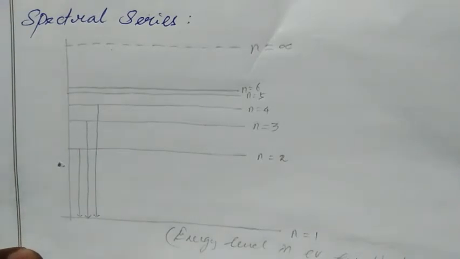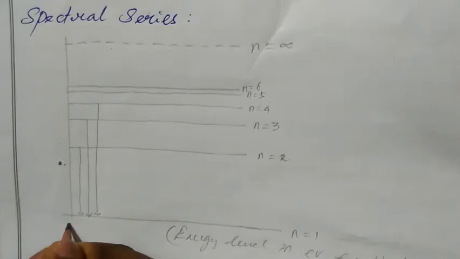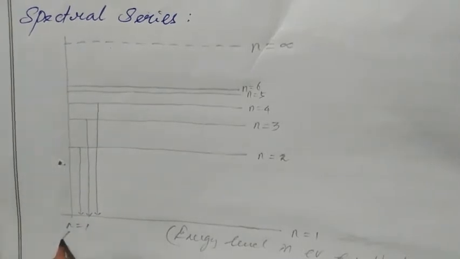Due to these kinds of transitions, when the electron returns to the first orbital, it emits radiation with a particular wavelength, which produces a particular spectral line. That series is known as the Lyman series, n equal to 1.